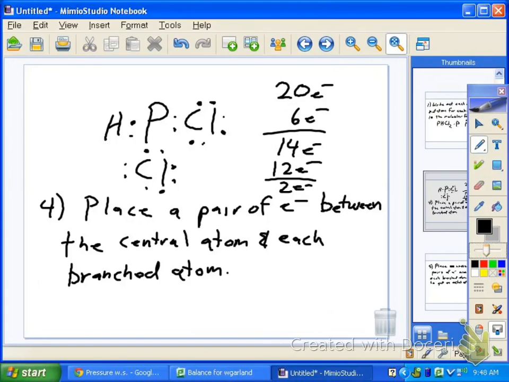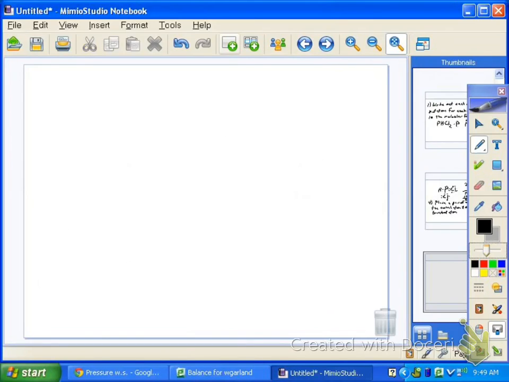So we've got everything but 2 electrons. Octet rule, it's got 8. Hydrogen only needs 2. The center one only has 6. It will have to have 8. So what we'll do on our last one, number 6, says any electrons left over you'll place off the central atom. So any remaining electrons will be placed off the center atom.